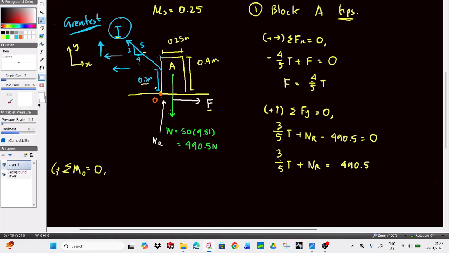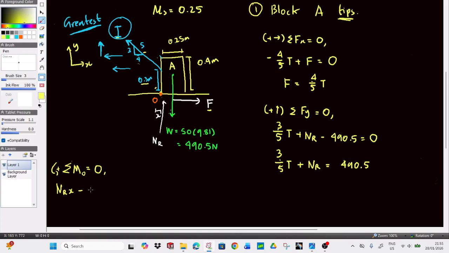This NR has a distance of x between it and point O, which is obviously causing it to tip. So it's going in a counterclockwise direction, and we would have NR times x, going counterclockwise.